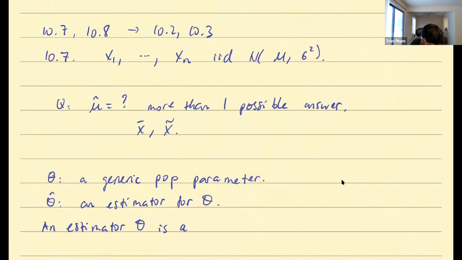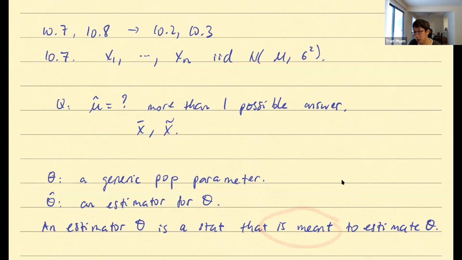It is a statistic that is meant to estimate theta, as far as I can tell. So in other words, this definition doesn't say much. And more importantly, it just says it's meant to estimate theta.